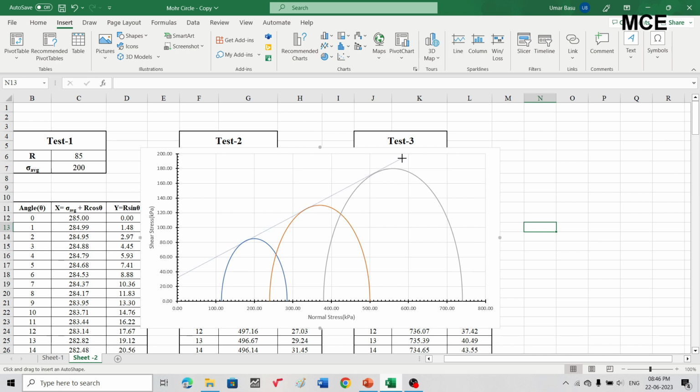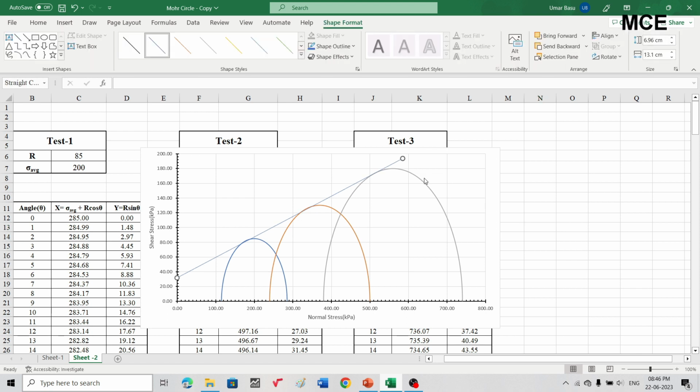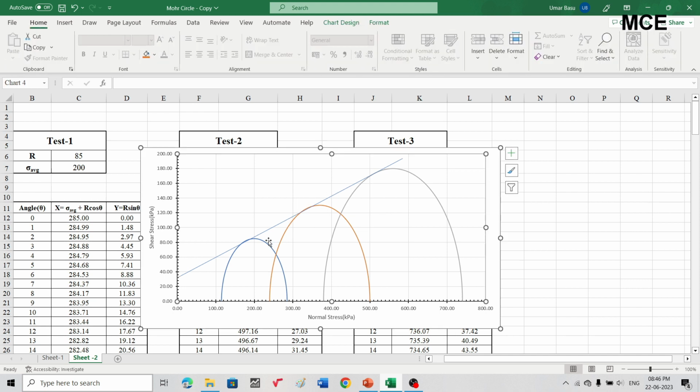Okay, so we can see this is the tangent which touches these three given circles at one point.